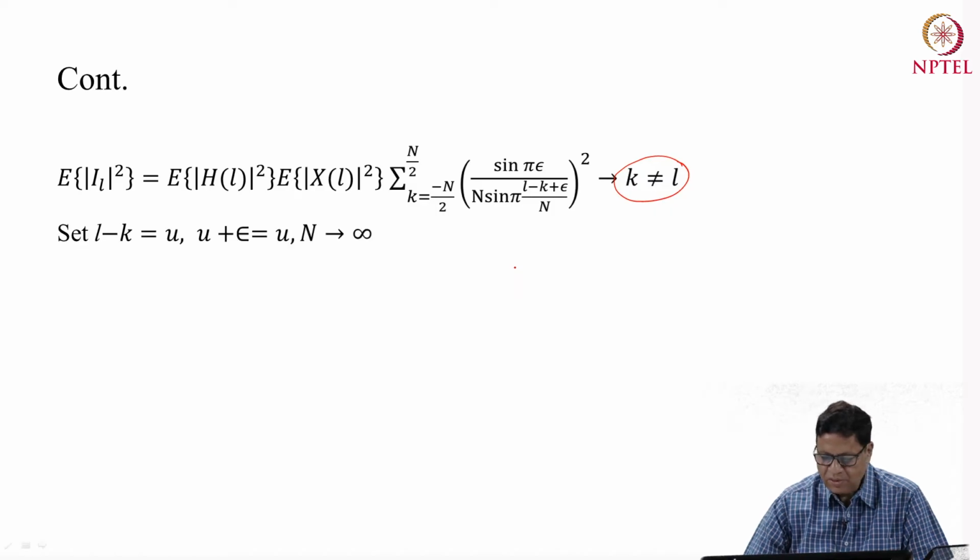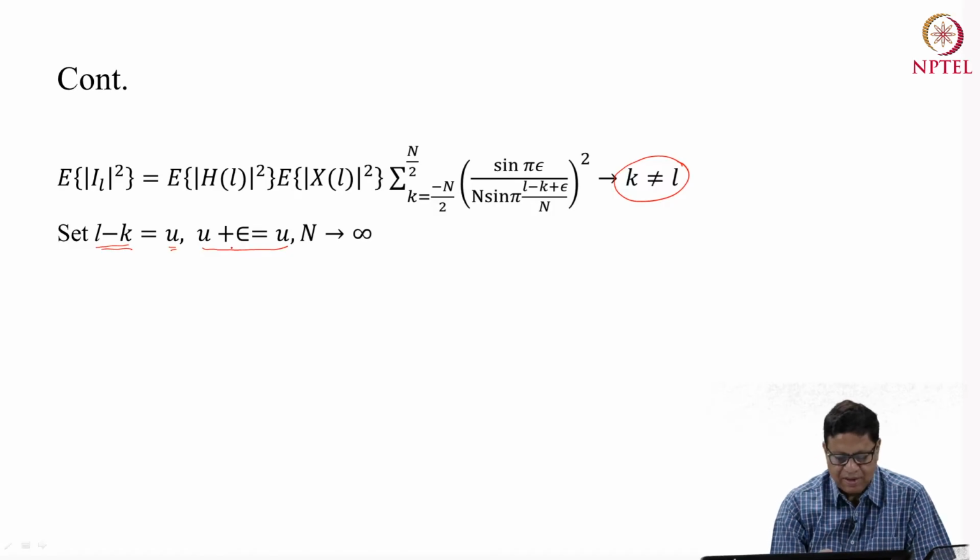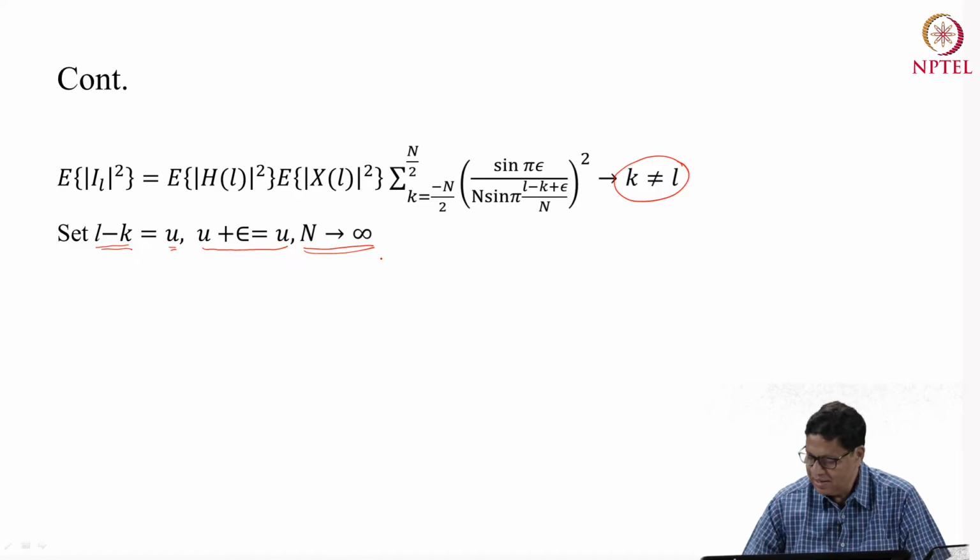So let us do a substitution here. Put l minus k equal to u. We can also assume that u plus epsilon is approximately u, because epsilon is very small and N is very high, that is, the number of subcarriers is high.